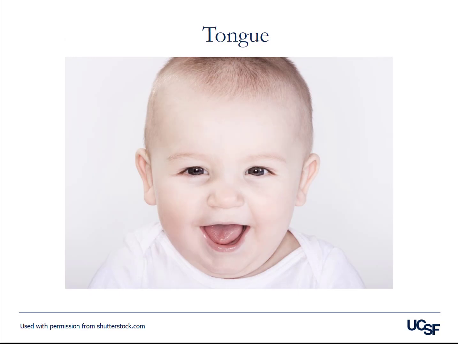Now, the tongue is composed entirely of muscle and connective tissue, and it has a ventral and a dorsal surface. If an individual puts the tip of the tongue to the roof of the mouth, the ventral surface, the underside, is smooth. The dorsal surface, the top, is most visible on exam. The dorsal surface includes fungiform, foliate, and circumvallate papillae, which are associated with the sense of taste.